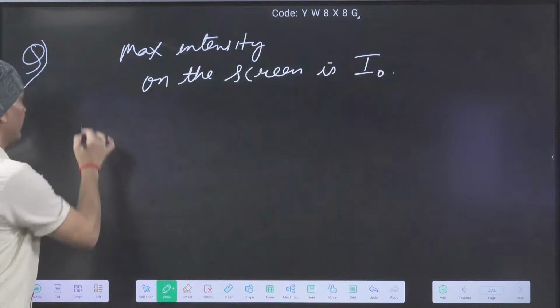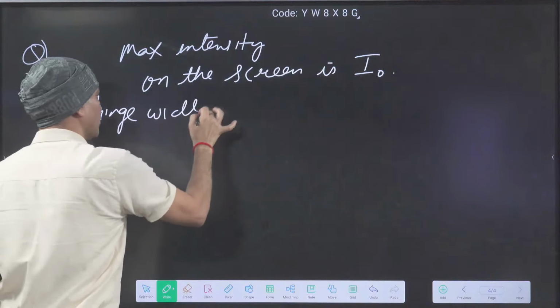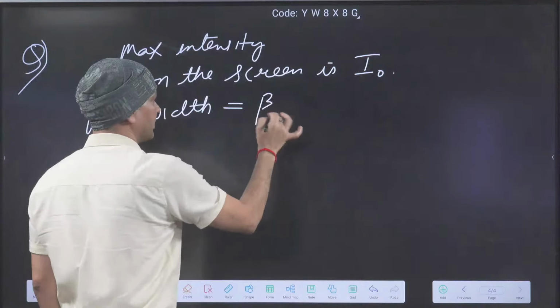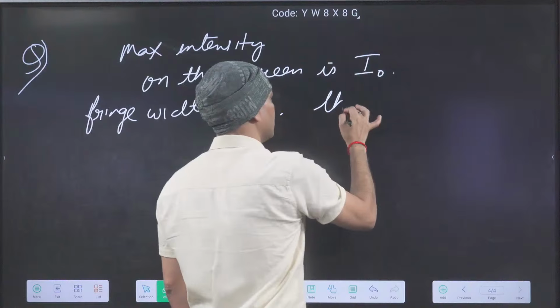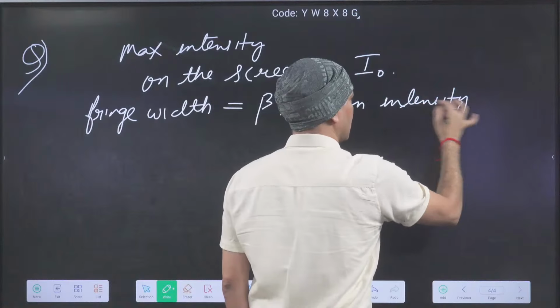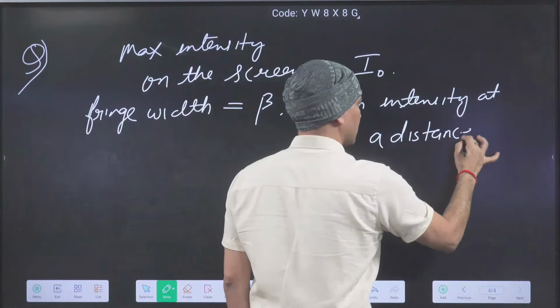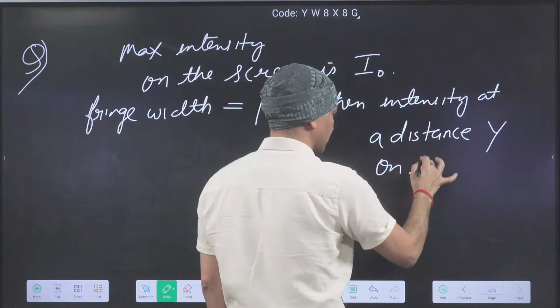The fringe width I have given, this question maybe you have done also. Fringe width is equal to beta. Then what is the intensity at a distance y on the screen?